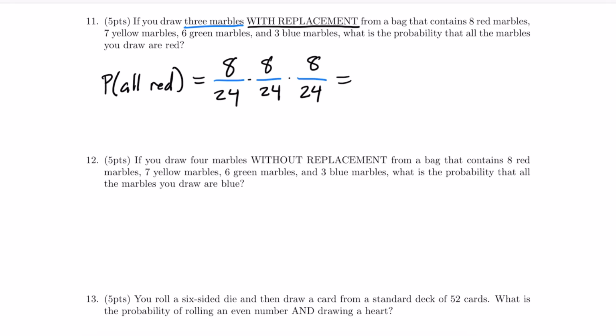So 8 over 24, and then we'll multiply that by itself 3 times, and that gives us 0.037037, so I'll just round that up to 0.04. And that would be the percentage or the likelihood that all of the marbles you draw are red.